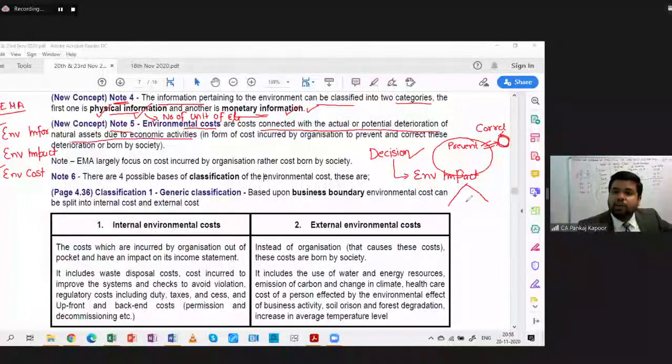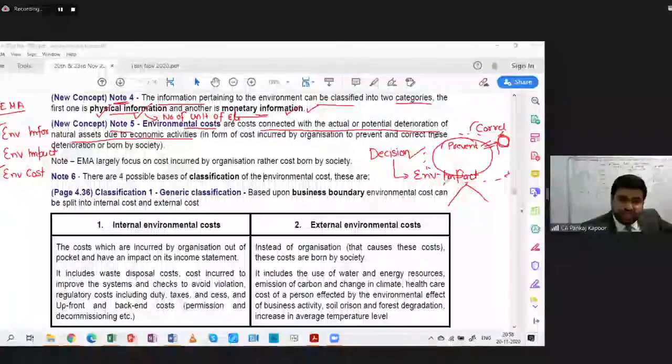Some of the environment cost is borne by the company, which is largely preventive in nature or sometimes corrective in nature. Apart from that, some of the environment costs occur outside the premises of the company, and that is being borne by whom? That is being borne by the society. Don't worry, we will read this point again in note number 6.